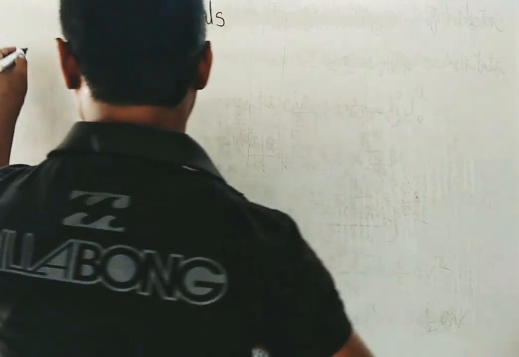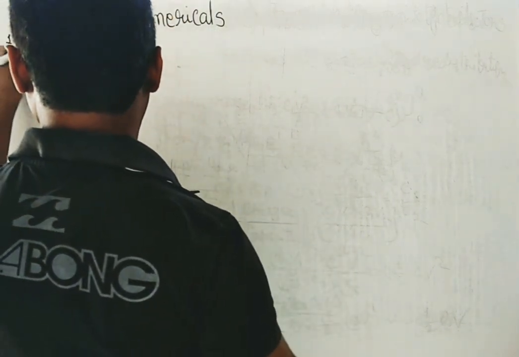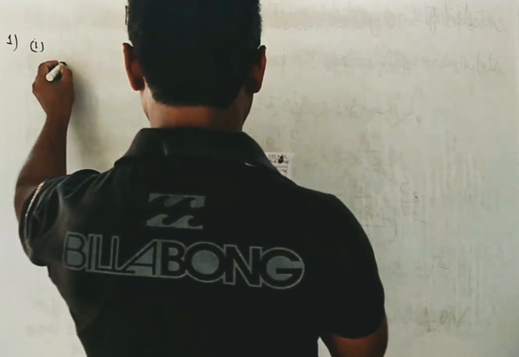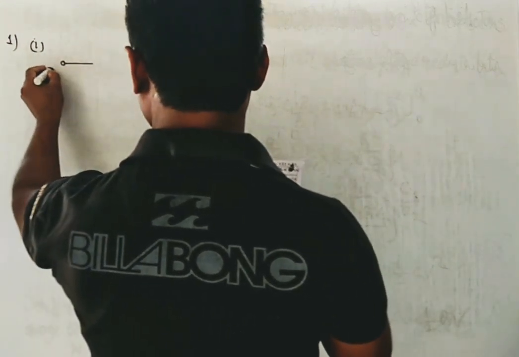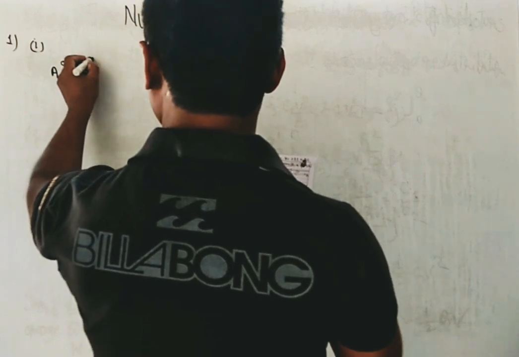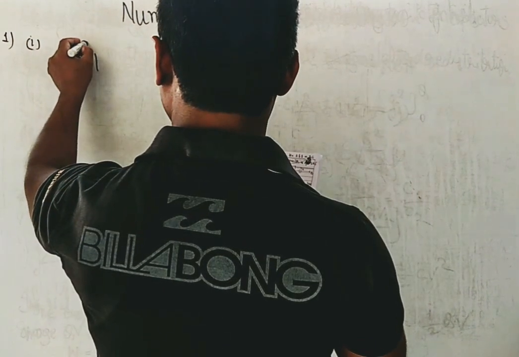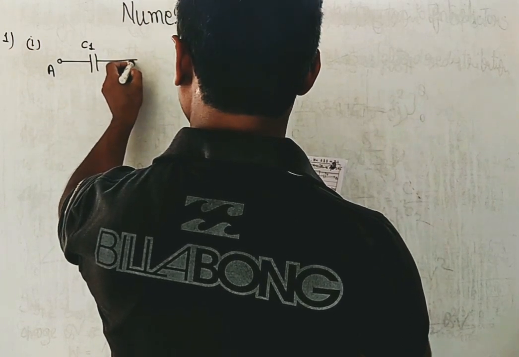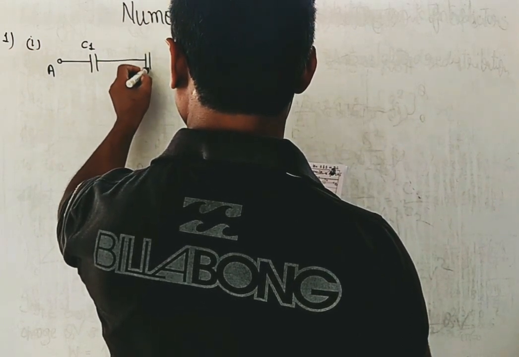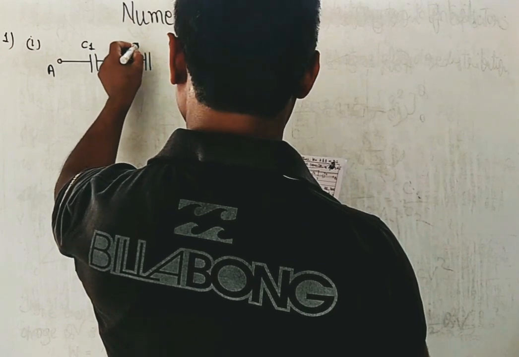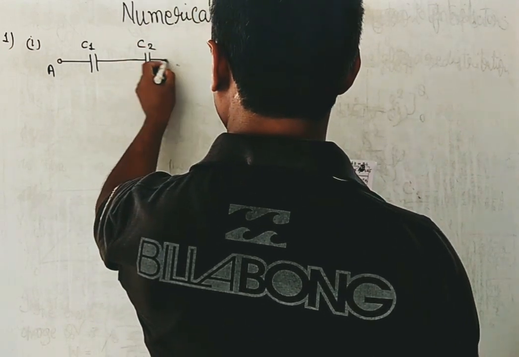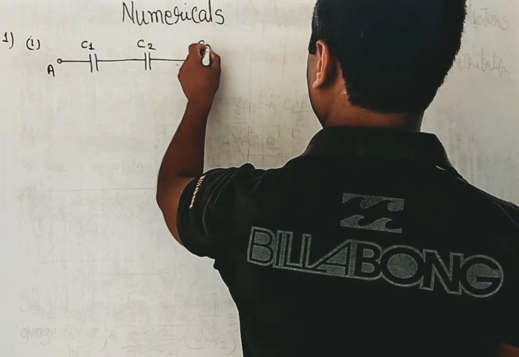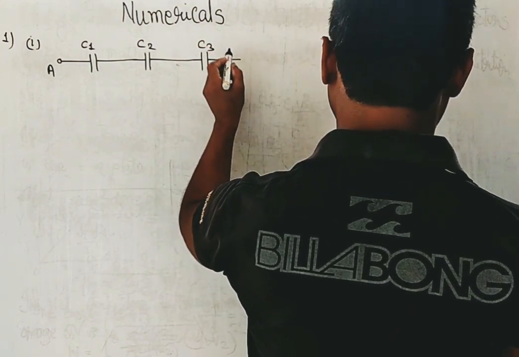So let's begin the first question. For the first part, we have a network given in the question, point A. Now a capacitor of capacity C1. Second capacitor of capacity C2. Third of capacity C3.